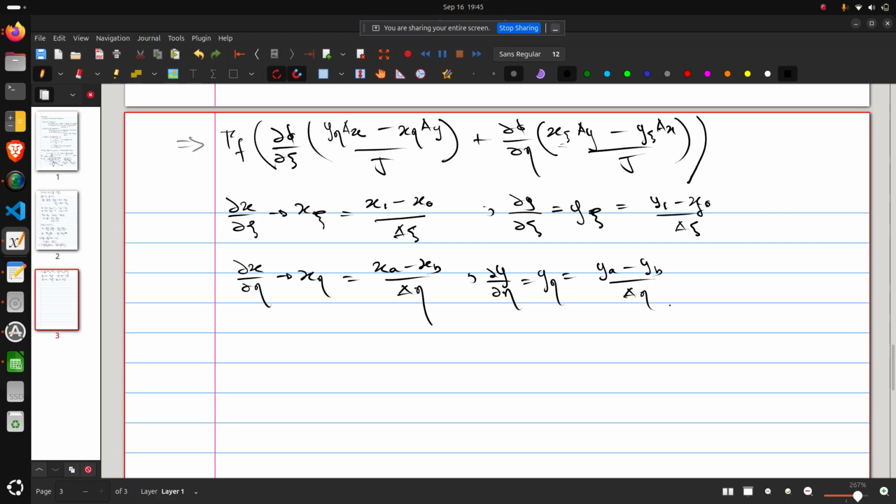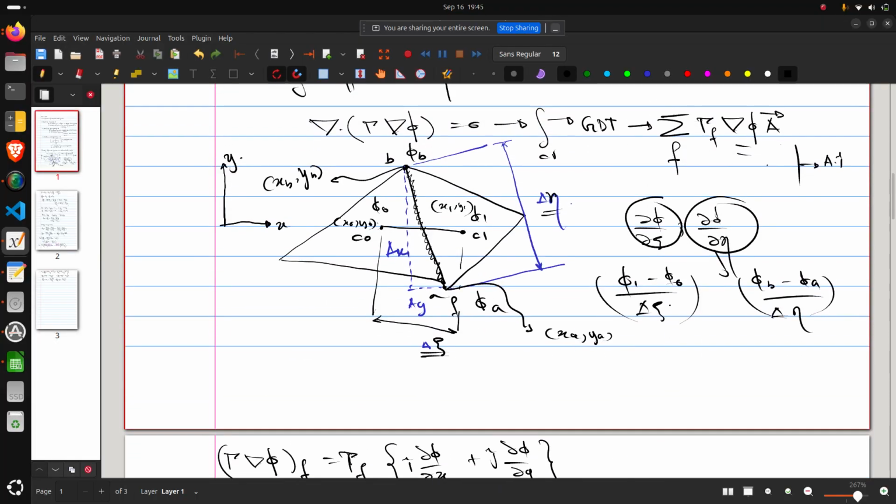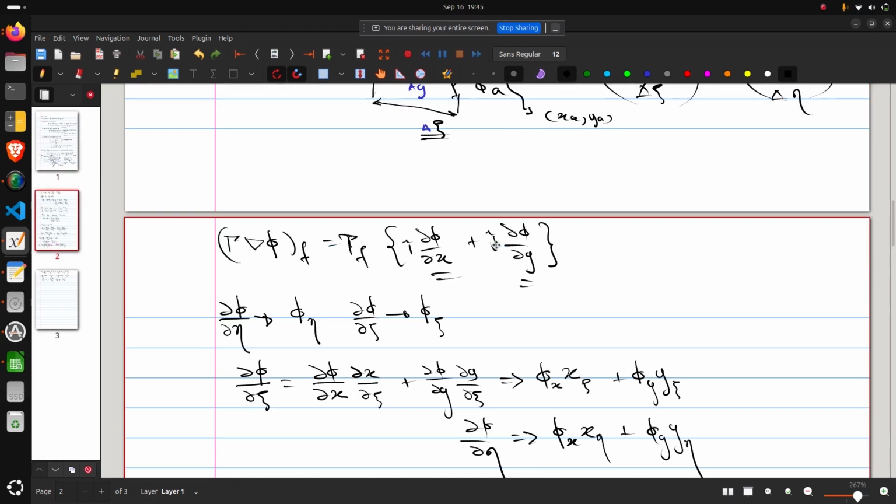Now we will define a coordinate system by defining the 2 unit normals. So this is one of the directions. Let's draw it here.